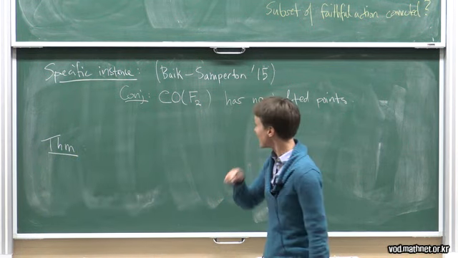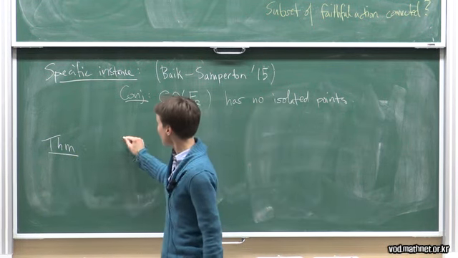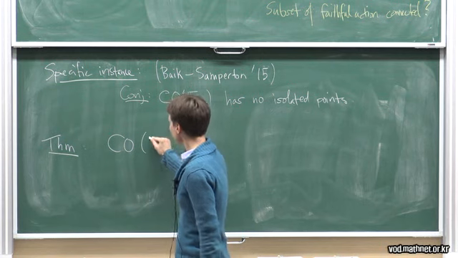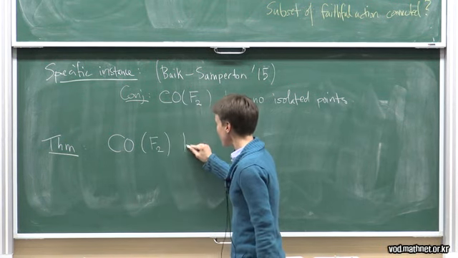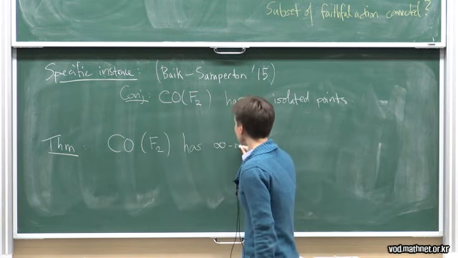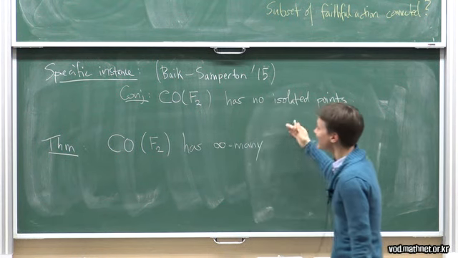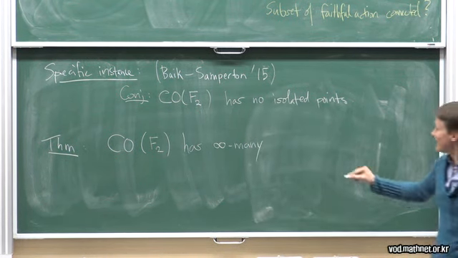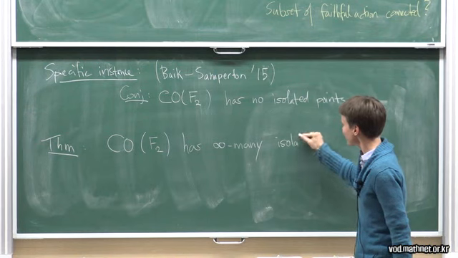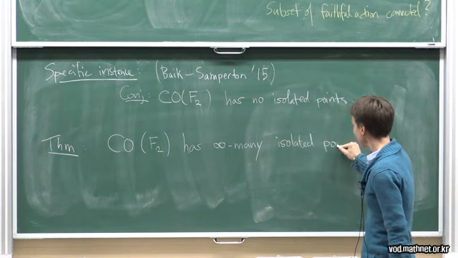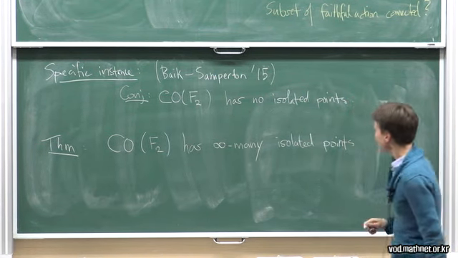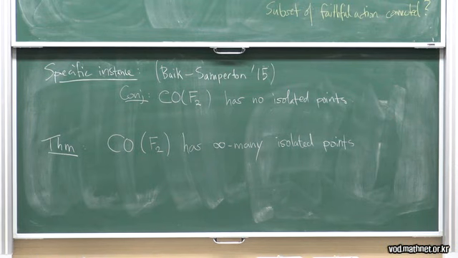So here's one thing we can say: the space of circular orders on the free group actually has infinitely many isolated points. Okay, so this is crazily different than we expected. And at this point I was too embarrassed.